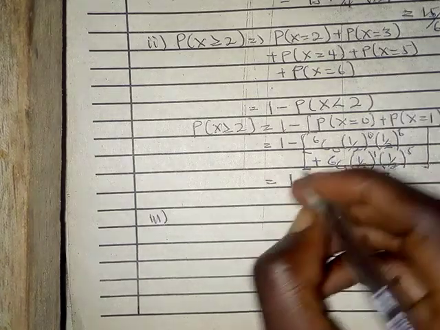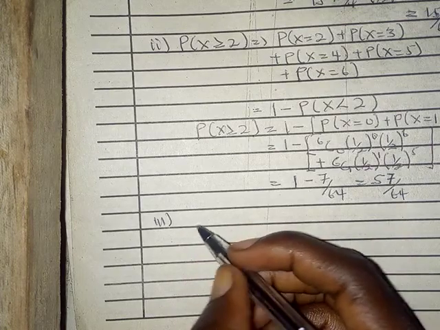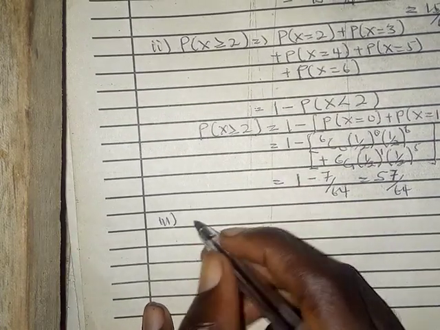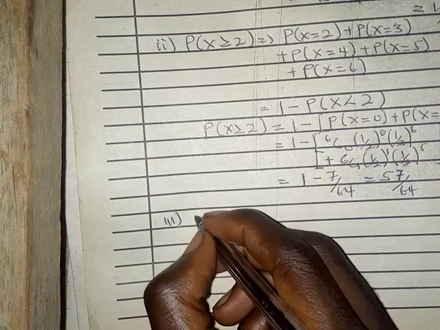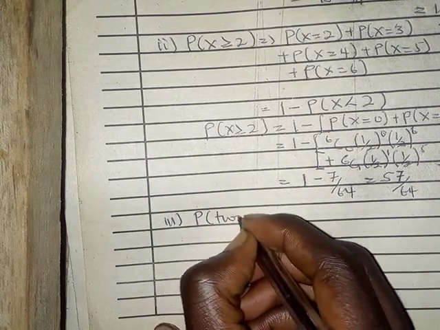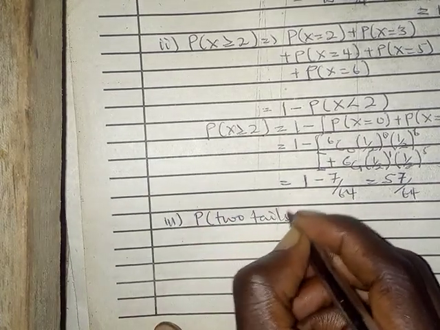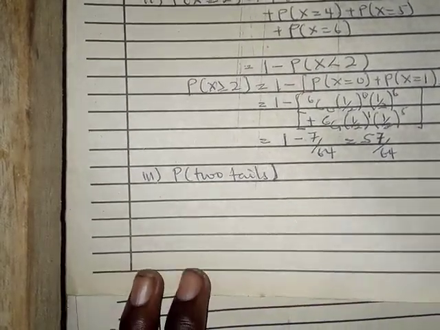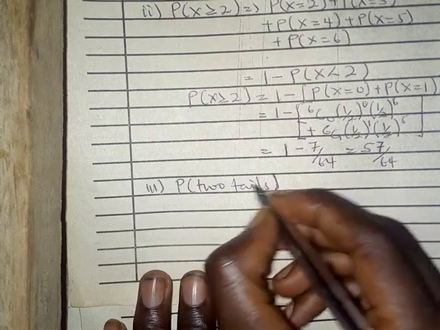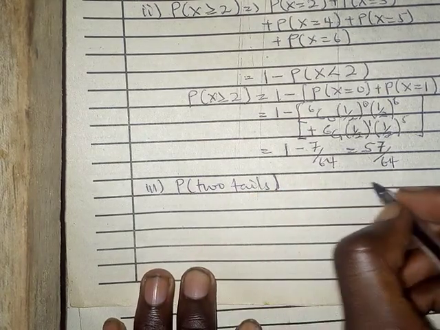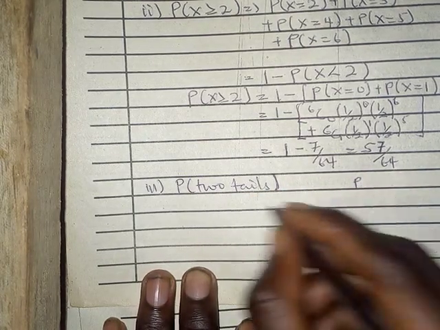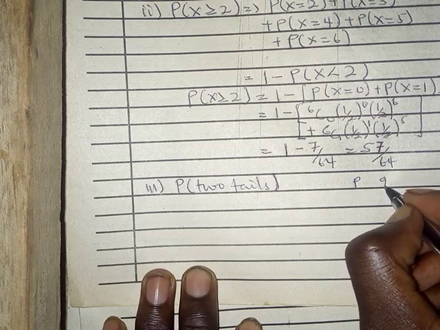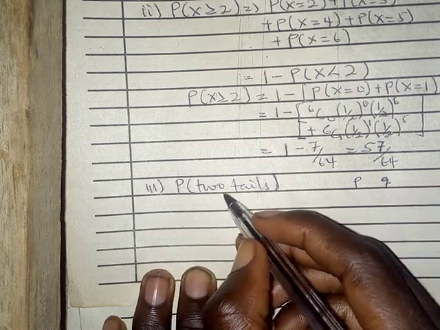Okay. Alright, so for the third one, that is the probability of getting 2 tails. Before we can get 2 tails, remember that the probability of success is P here, and that of failure is Q, and Q represents tails.